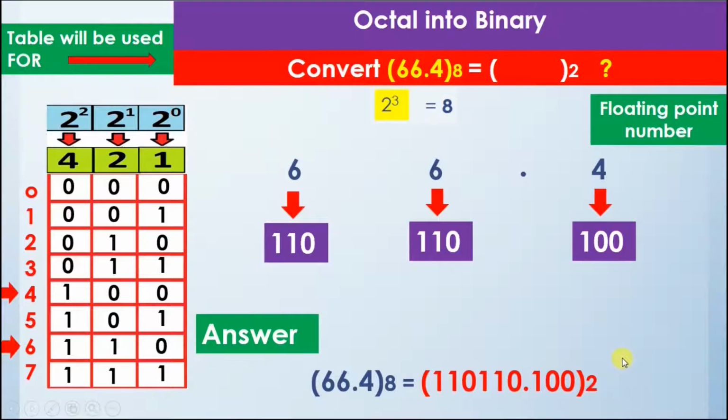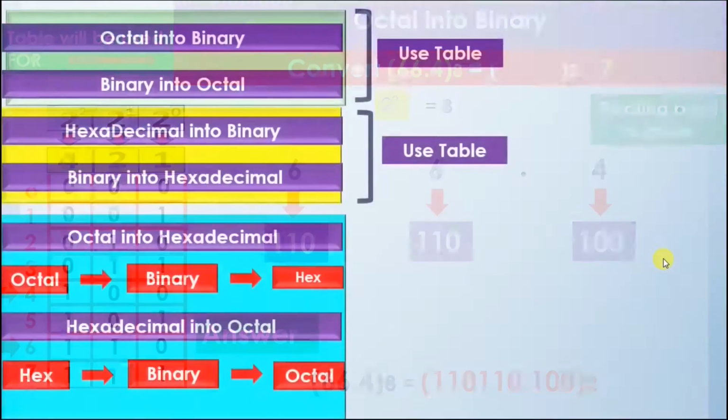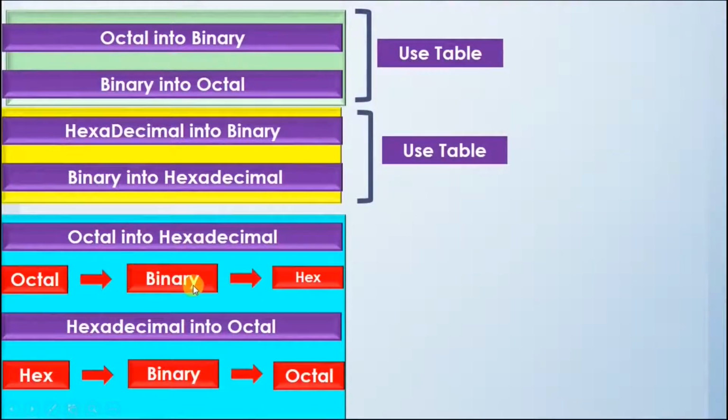So now we have converted the number from octal into binary and we have completed the first part. Okay. So in the next section we will see how to convert binary into hexadecimal to complete the conversion octal into hexadecimal.